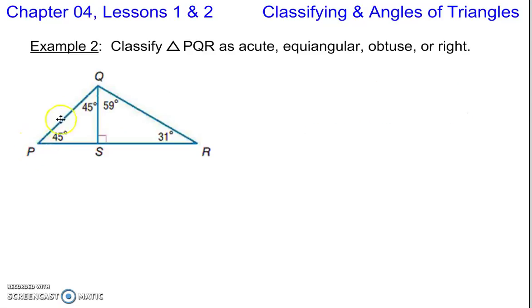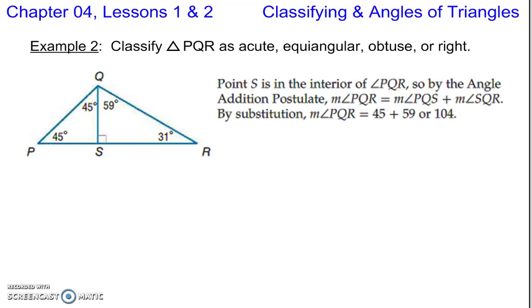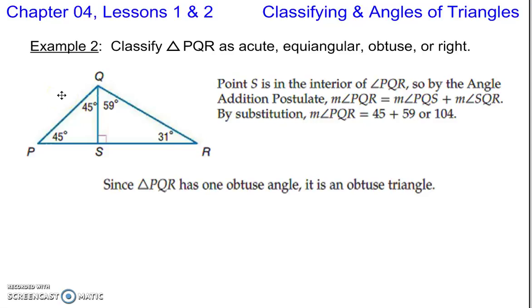Now, if I want to look at PQR and classify this one, we know angle P is 45, that's acute, angle R is acute. But what about angle Q? Well, I can use the angle addition postulate, saying 45 plus 59 gives us 104. That is obtuse. So it is an obtuse triangle.